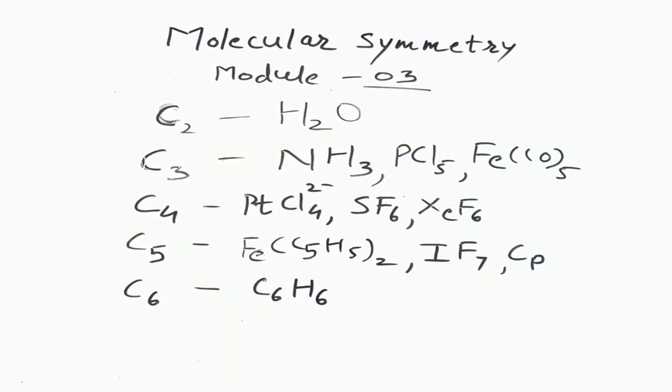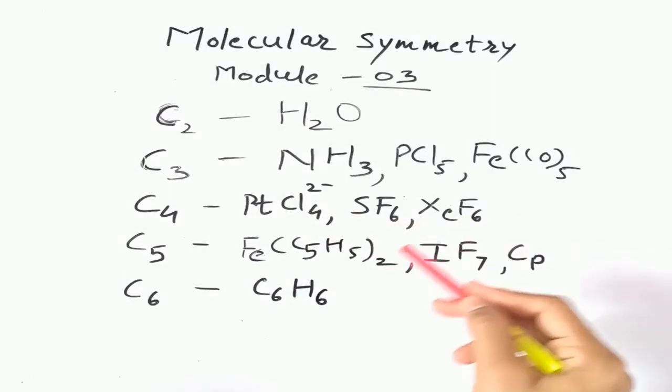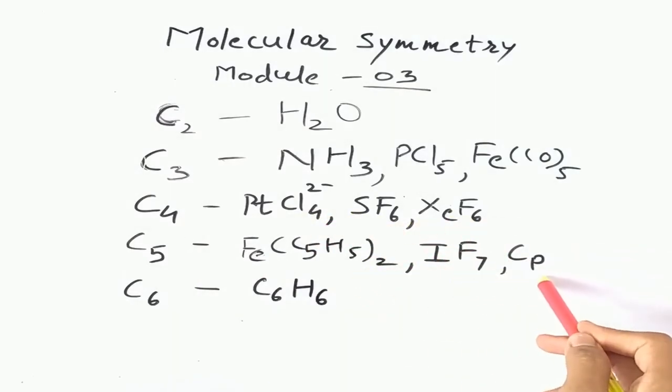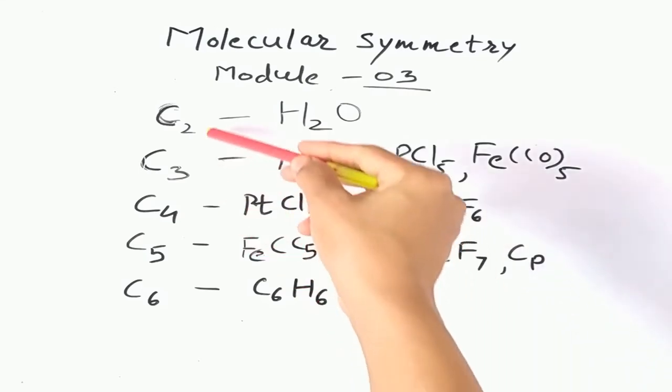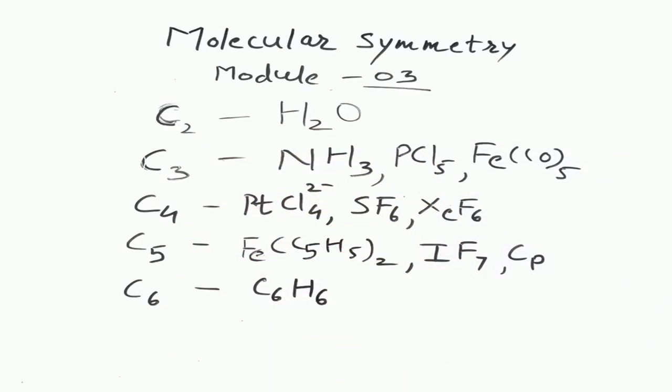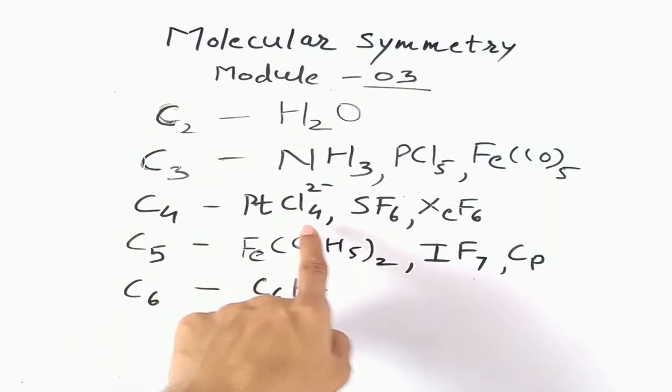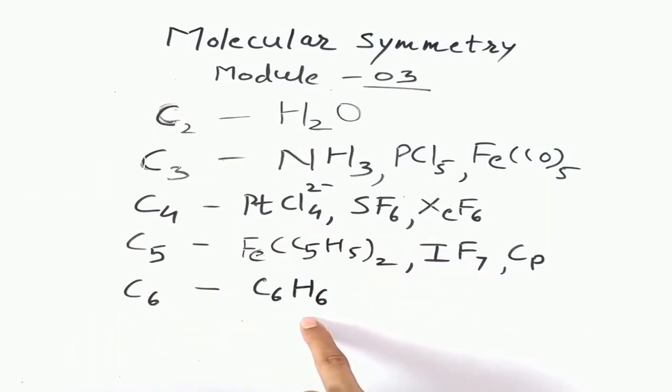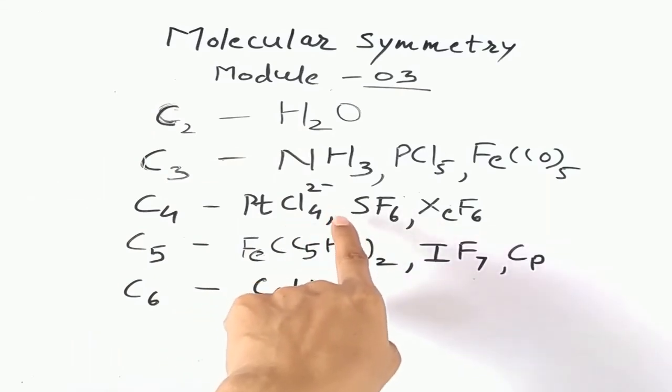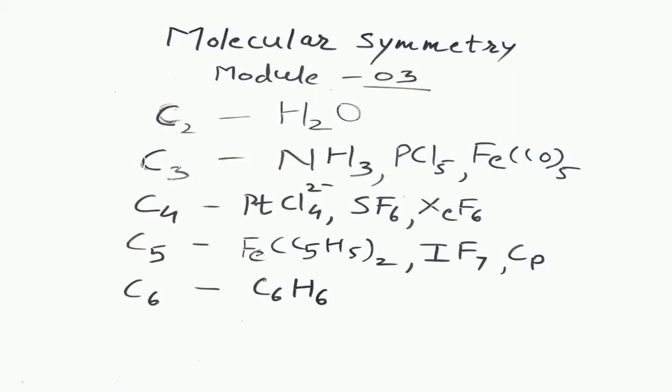I hope you people are at TY level, so you can easily draw the geometries of all these molecules, and after drawing the correct geometry, try to find out the principal axis present in the molecule. And remember, these are only the principal axes. Apart from this, such molecules also contain subsidiary axes. So you can practice finding out the other subsidiary axes in these molecules also.